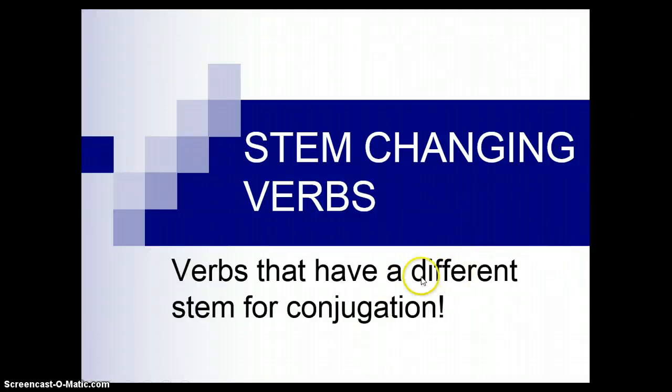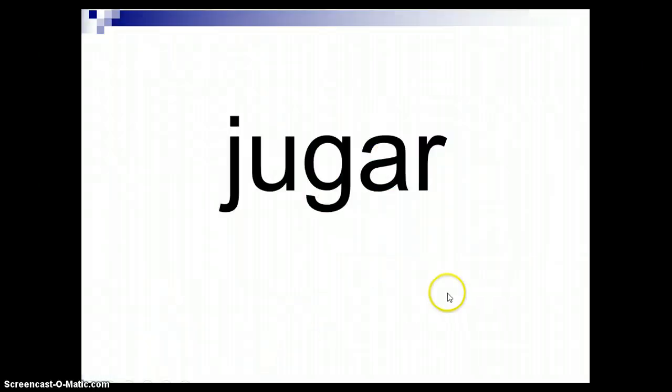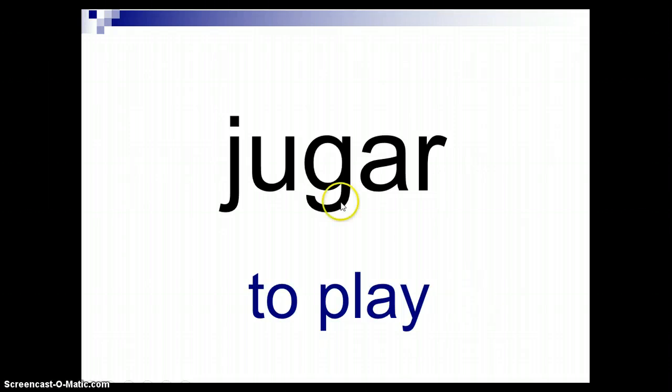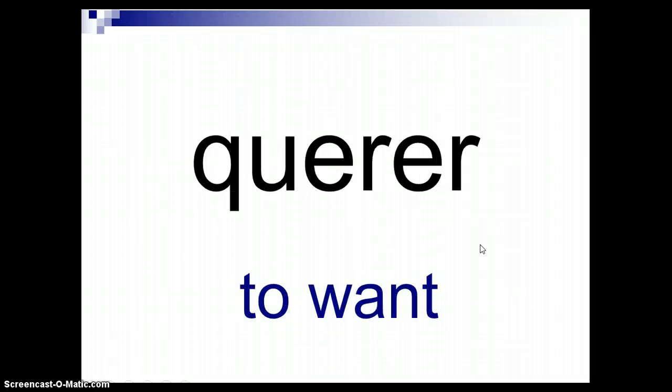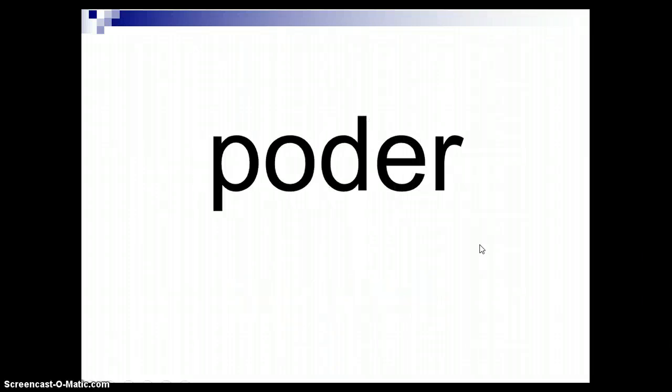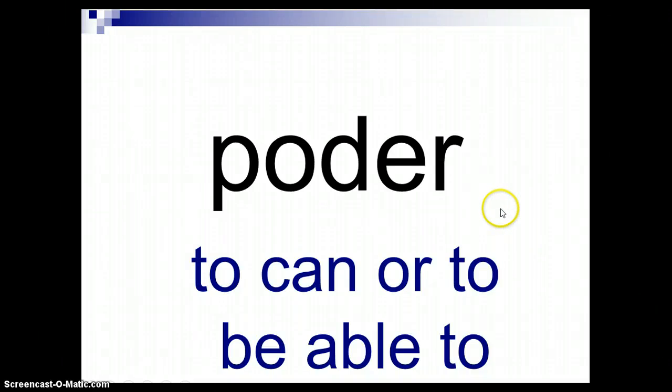Stem-changing verbs are verbs that have a different stem for conjugation. Sounds weird, but I'm sure you're very familiar with jugar, to play. And what's the stem of jugar? Well, we take the AR off, and that's the stem, jug, and we're going to get into that. Dormir, to sleep. Querer, to want. And poder, to be able to, like, can I go to the bathroom?